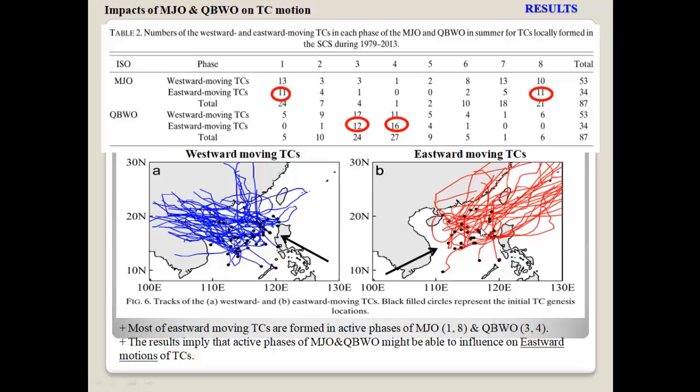This result shows a strong relationship between the MJO, QBWO, and TC motion. It means in the active phase of the intraseasonal oscillation, it tends to push TCs to move eastward.